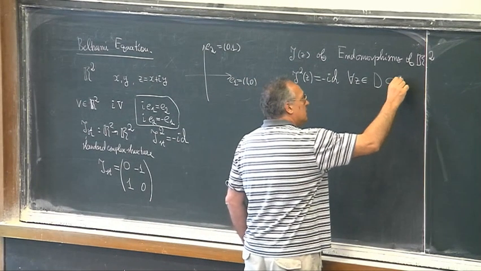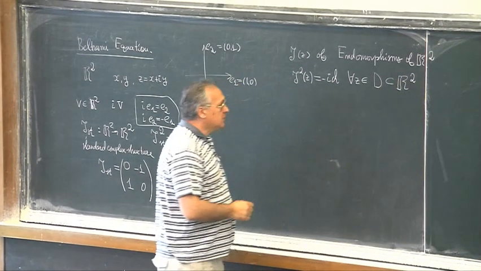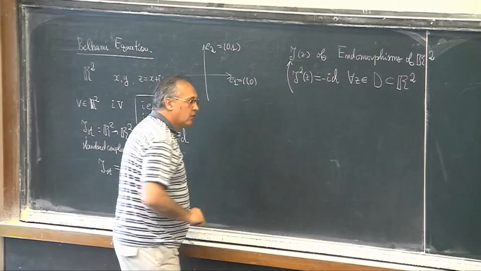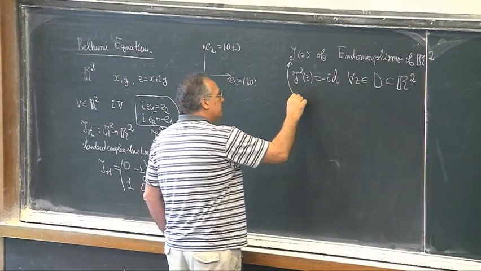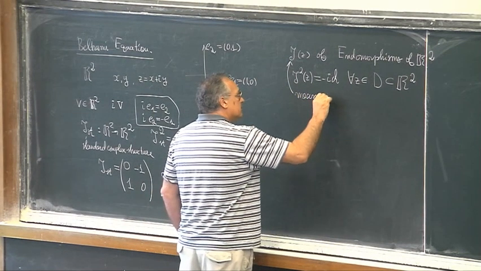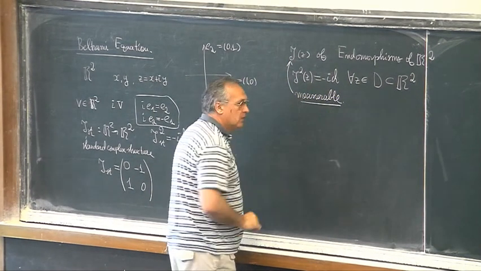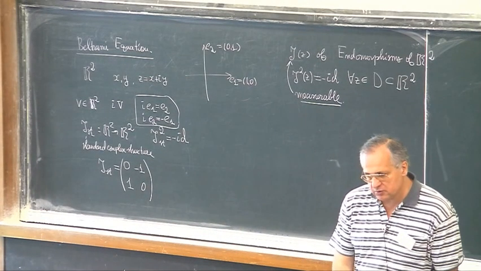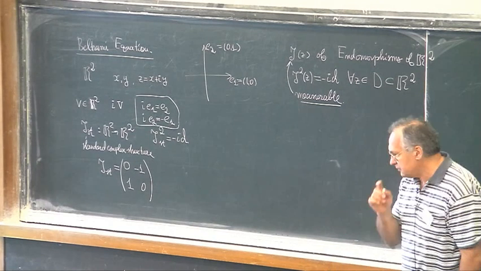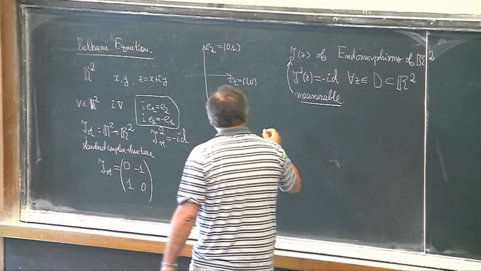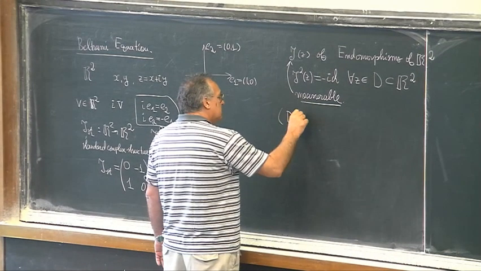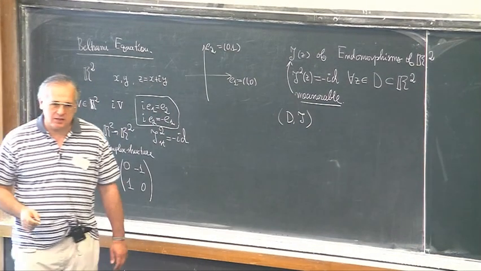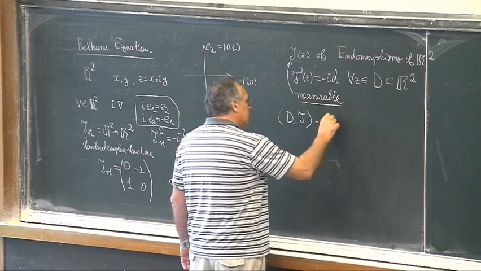D will be a domain in R2. About the function J, I will suppose for the moment that it is measurable. Of course, in most of our lectures, the structure will be supposed to be sufficiently smooth. A pair D with such an operator is a starting example of an almost complex manifold.